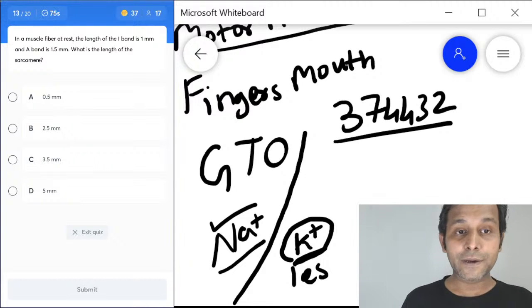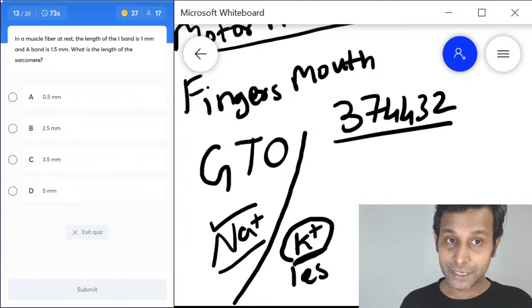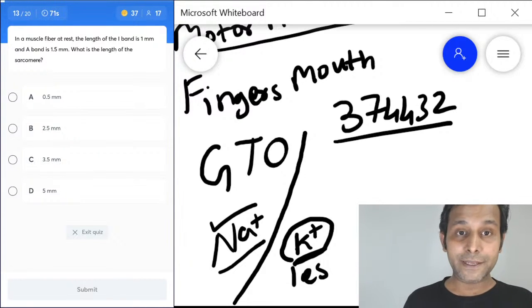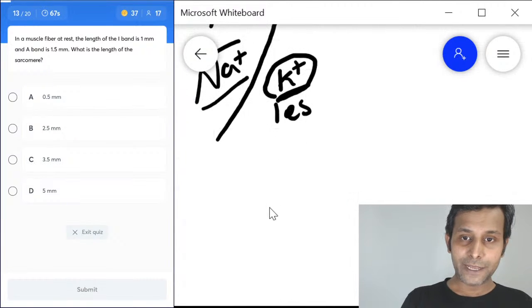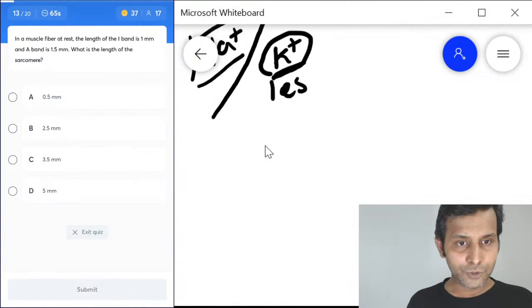In a muscle fiber at rest, the length of I band is 1 millimeter and A band is 1.5 millimeter. What is the length of sarcomere?